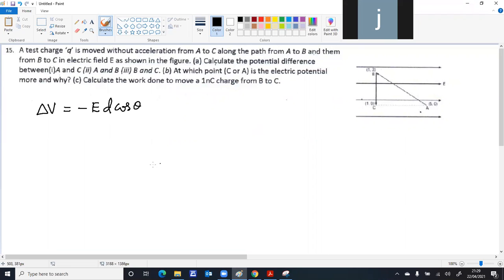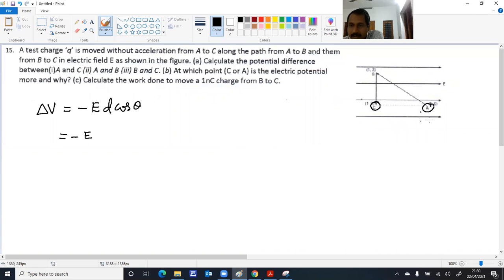E is not given, so we just use E only. What's the distance from the initial point to the final point? A is the initial point, C is the final point. So 4 units.